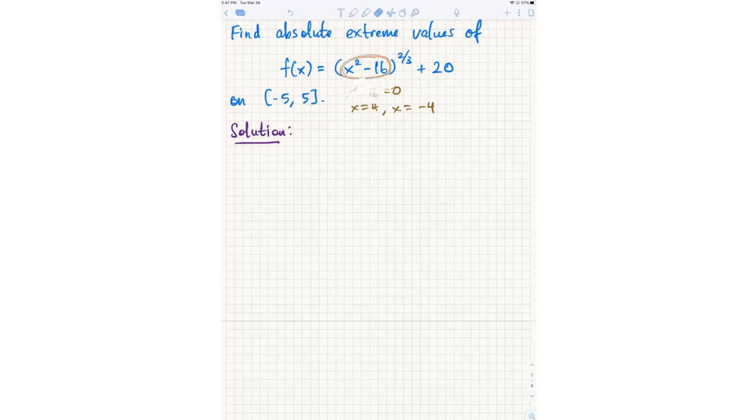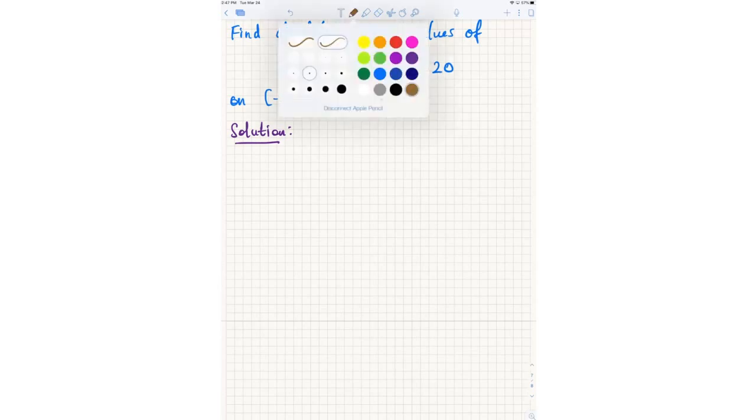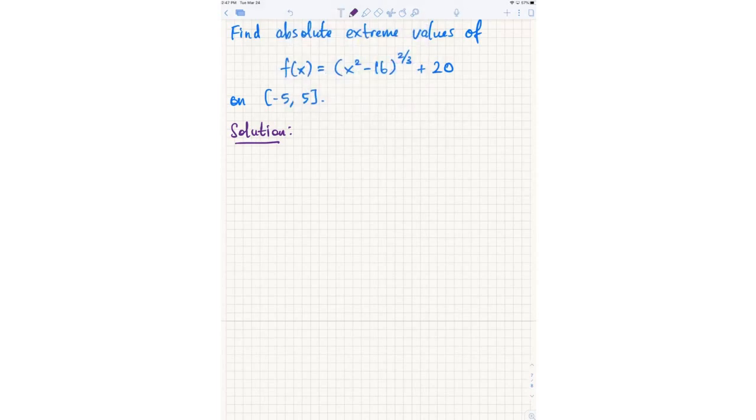Now, that's a lot to take in. So let's write some of this down, and then there'll be another way we can remember this that's maybe a bit shorter. What if you didn't remember all of that stuff about the exponent being less than 1 or absolute values? Well, what is the derivative of this function?